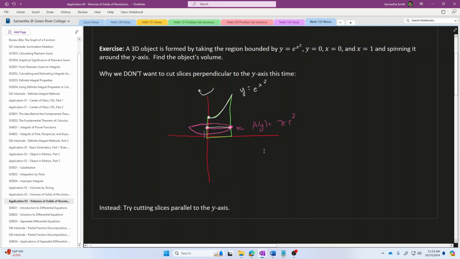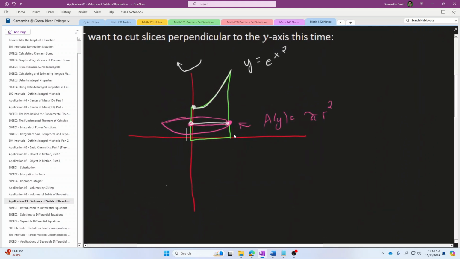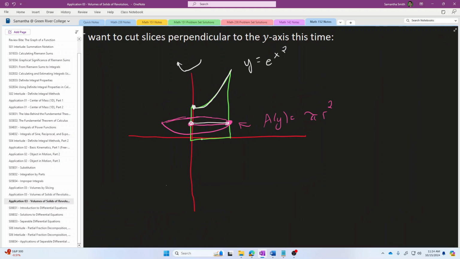Now, I can see that for slices that are down here toward the bottom of the object, the radius is actually always fixed. If I take any slice down here toward the bottom of the object, the radius of that slice is always going to be equal to exactly 1 unit.